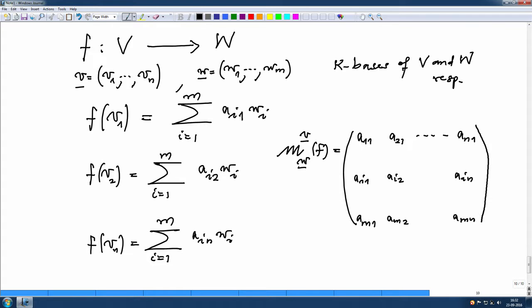This is the matrix, and instead of writing this big notation, 1 to m, 1 to n, we will abbreviate it by M m comma n k.